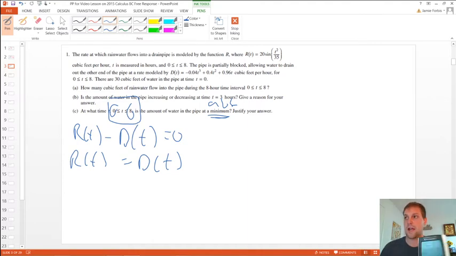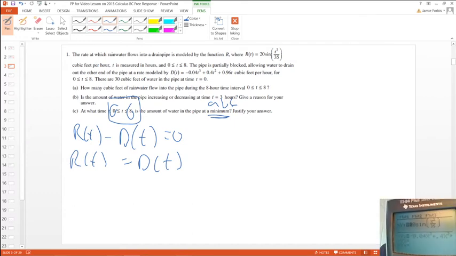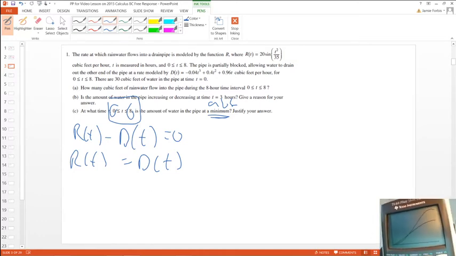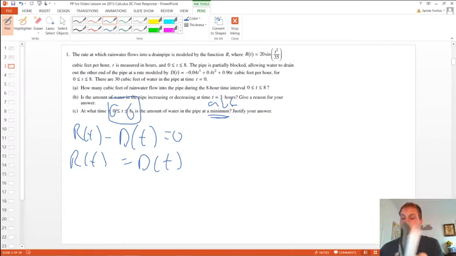Okay, cool. So I stored those in my calculator. You can see right there. And I graphed it between 0 and 8 and did zoom fit, so it gave me this nice clean function. Okay.